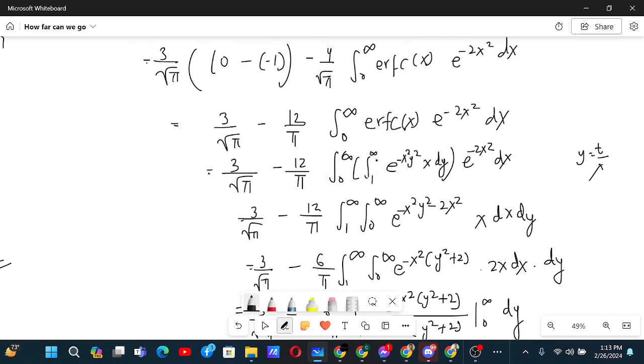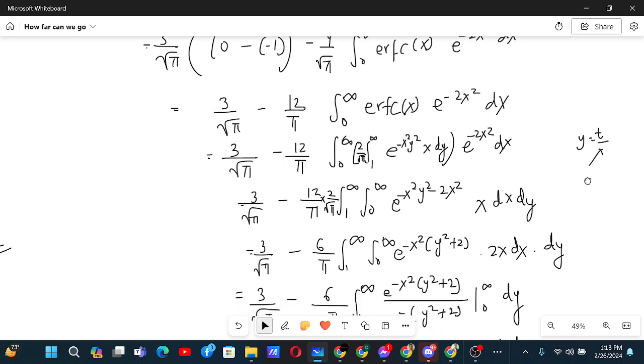Okay, so while I was writing the integral representation, I should also have written the 2 by root pi over here. I'm extremely sorry for that, you had to go through all of this. And now this is 24 by pi to the power 3 by 2 into 2 by root pi. I'm extremely sorry for this actually.